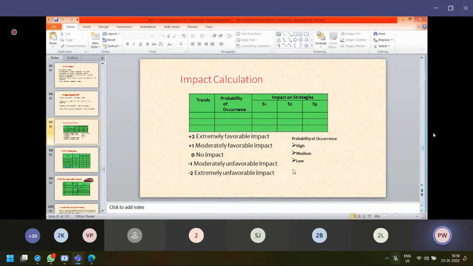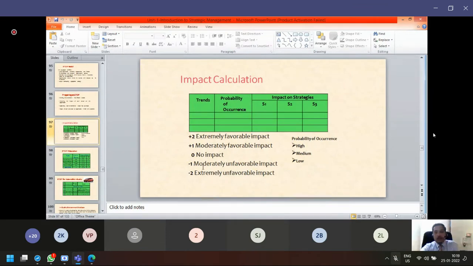Is it having favorable impact or unfavorable impact? If it is having favorable impact, we'll again see in detail whether it is having moderately favorable impact or extremely favorable impact. If it is having moderately favorable impact, we'll give +1 mark. If it is having extremely favorable, most favorable positive impact, we'll give +2 marks. If it is having no impact or no effect on company operations, it will be neutral, that is 0.